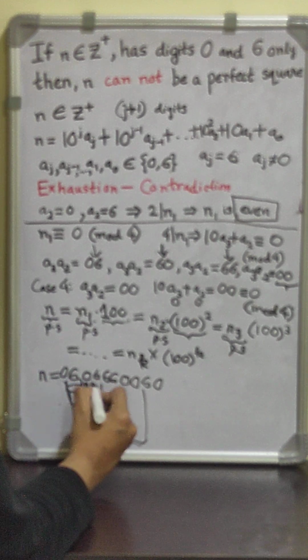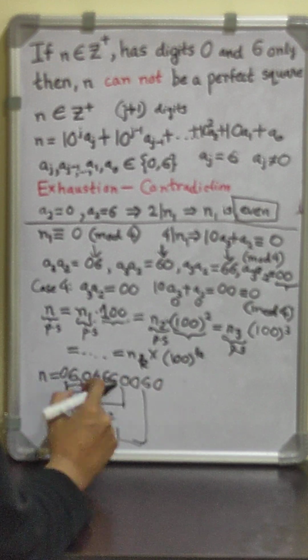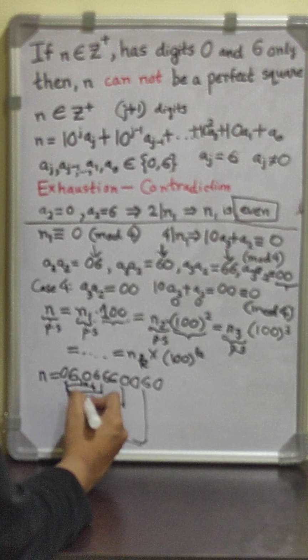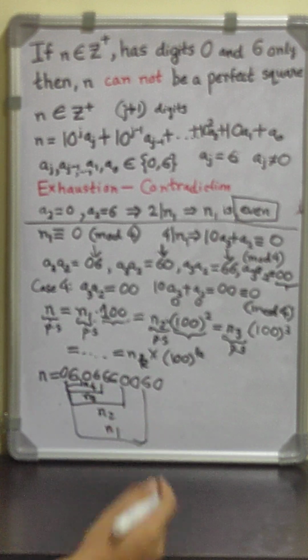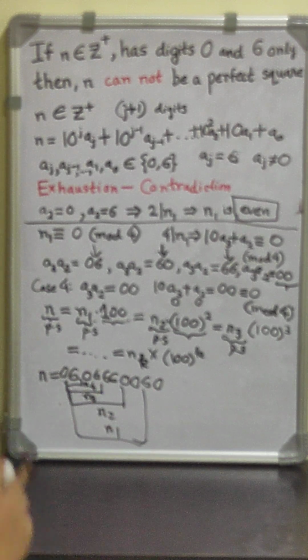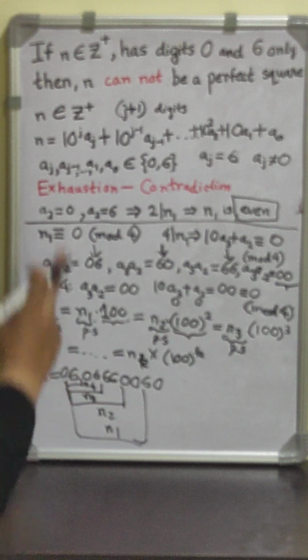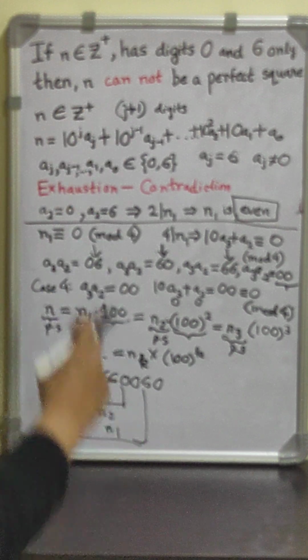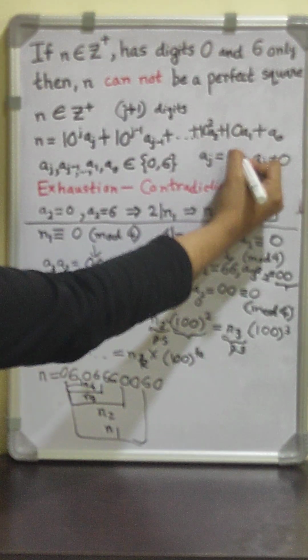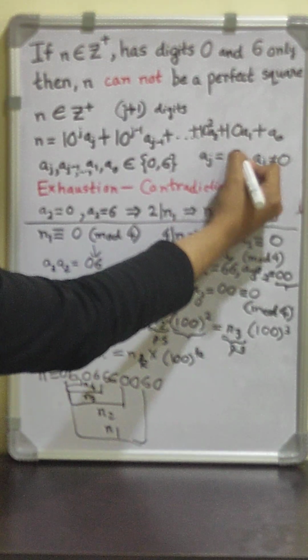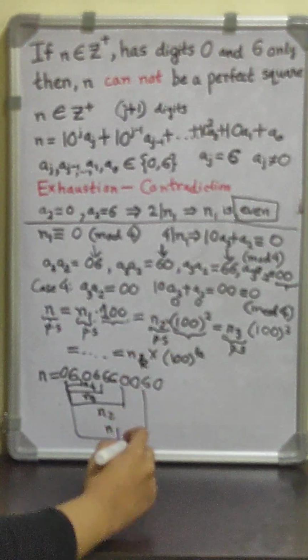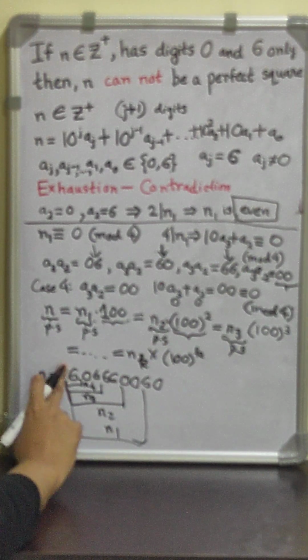So in this case k would be 4 because 4 is where I'm exhausting all the digits of n, and you get this. But is this really possible? No, because aj has to be 6. The first digit cannot be 0. So this would actually mean this.